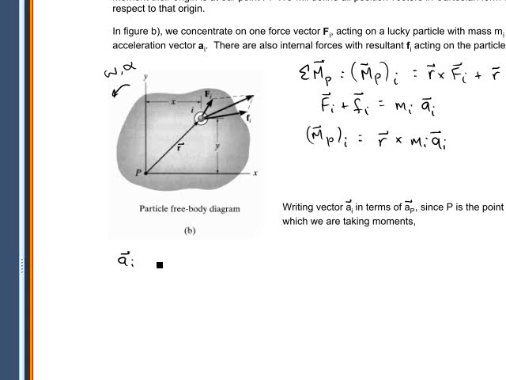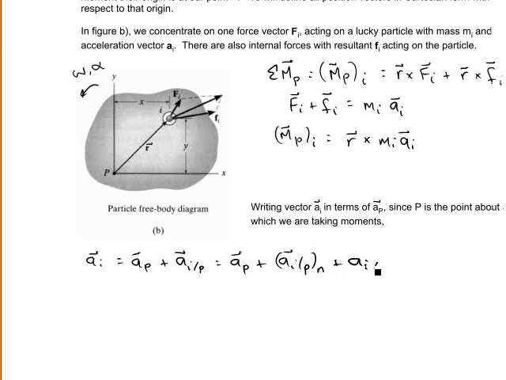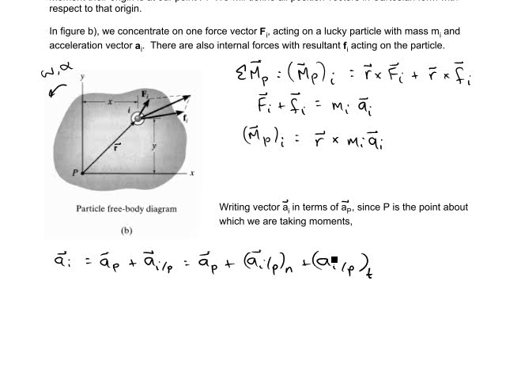Just like any other two points, we can write ai is equal to aP plus ai relative to P, which is going to be aP plus ai relative to P normal plus ai relative to P tangential.